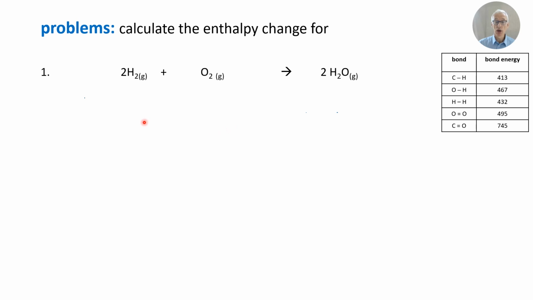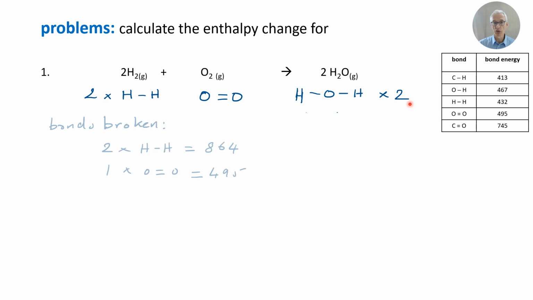Okay, so I'm going to reveal. The first thing to do is to analyze what bonds need to be broken. Well, we've got a hydrogen single bond hydrogen, but twice, an oxygen double bond oxygen, and then hydrogen-oxygen-oxygen-hydrogen. We've got 2 oxygen-hydrogen bonds in a water molecule, but we've got 2 water molecules.